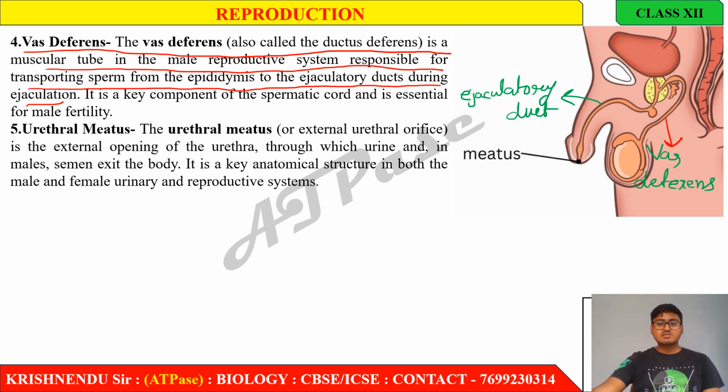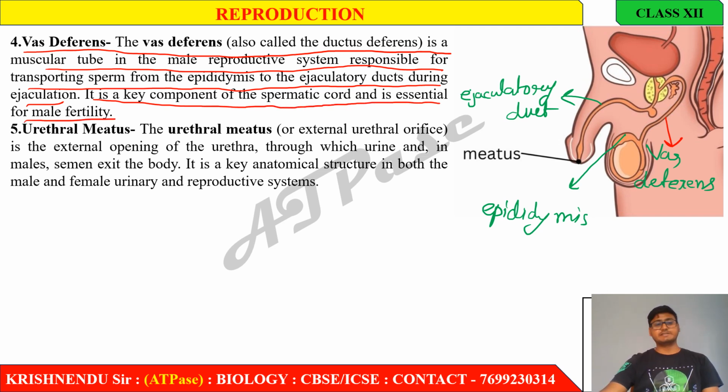So the vas deferens transports sperm from the epididymis to the ejaculatory duct. It is a key component of the spermatic cord and is essential for male fertility.